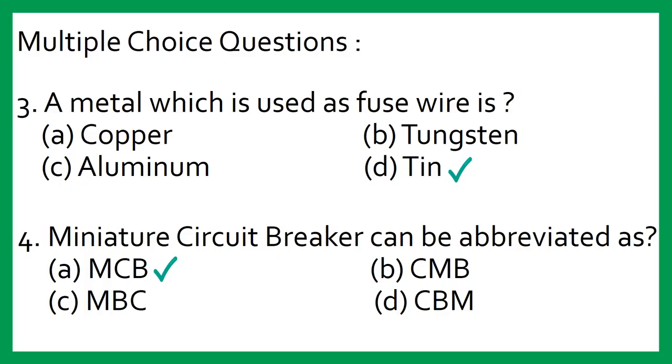However, let me remind you, fuse wire is made up of either tin or an alloy of tin and copper. So, alone copper cannot be the correct answer. The correct answer is option D, tin.